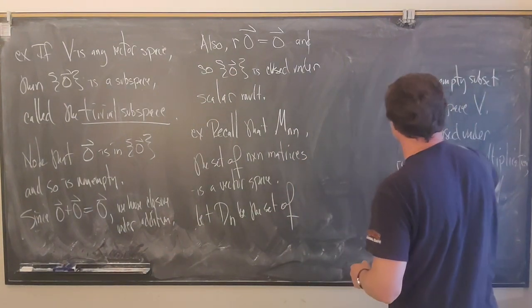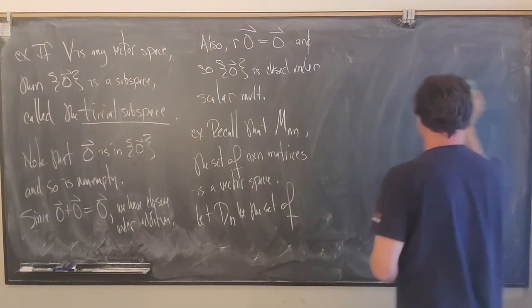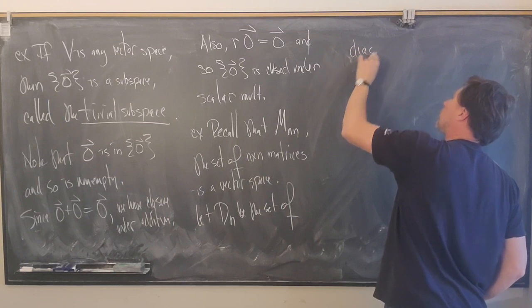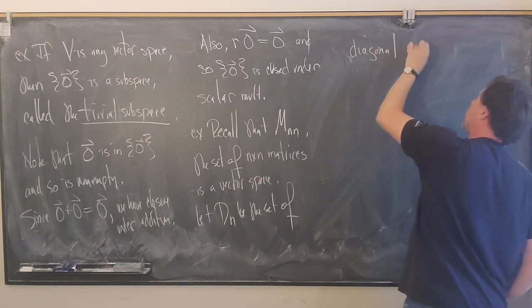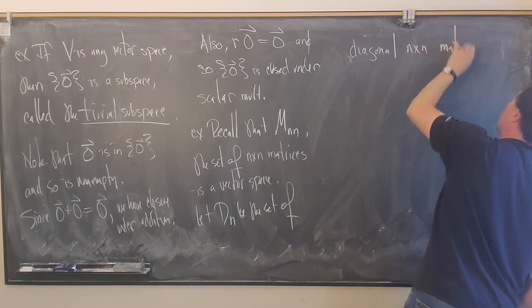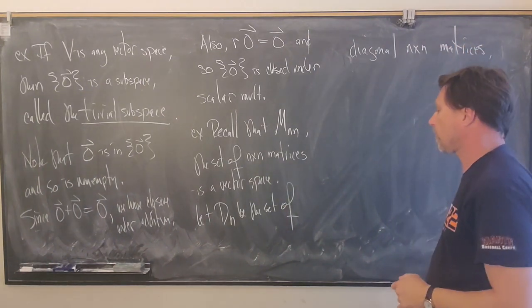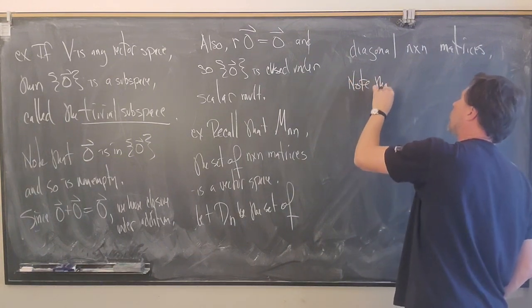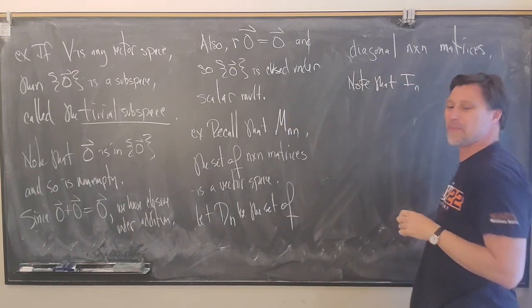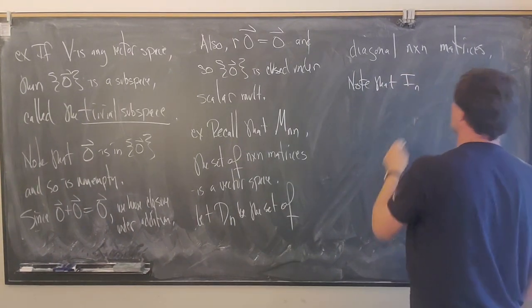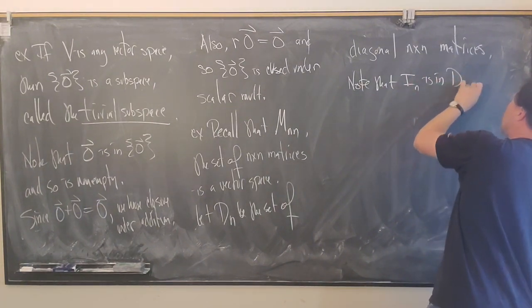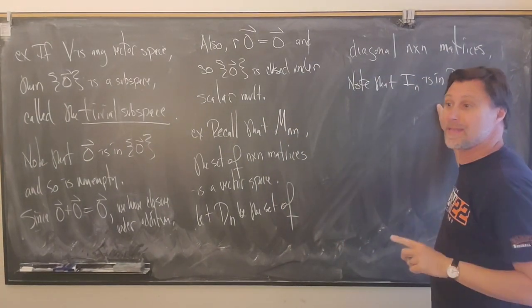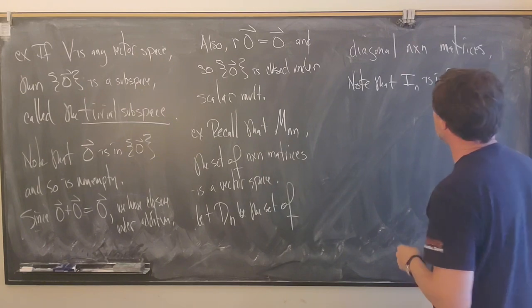So these will be the diagonal n by n matrices. So note that the identity, I'll write it as I sub n, the n by n identity matrix, is in D sub n. The identity matrix is definitely a diagonal matrix. And so that means that D sub n is non-empty. There's at least one diagonal matrix in there.